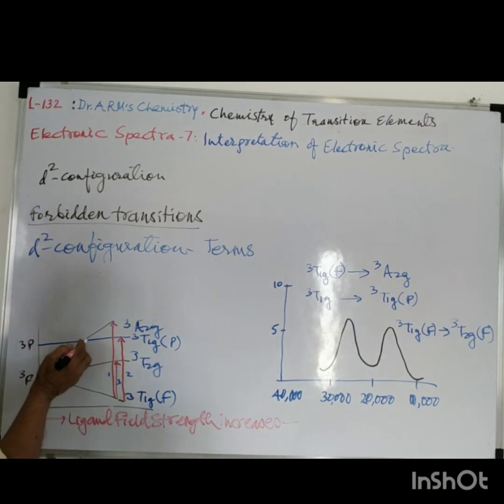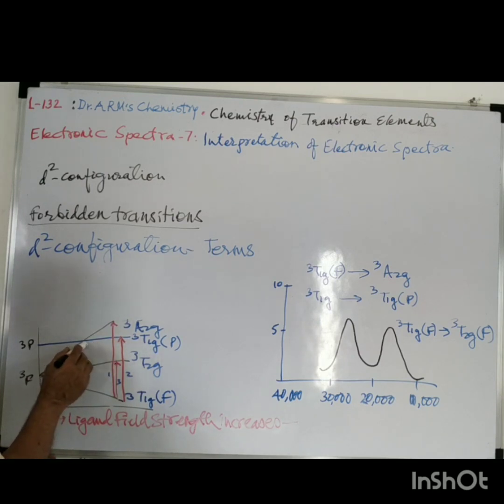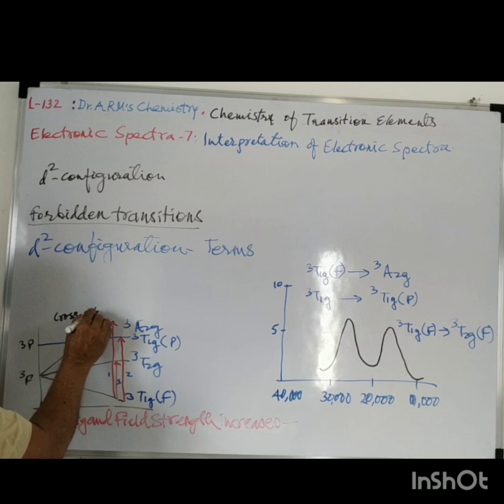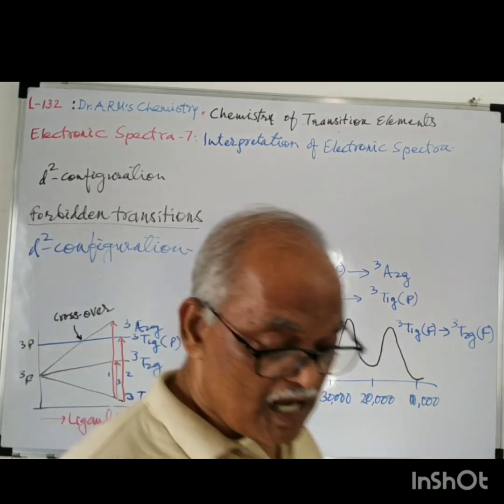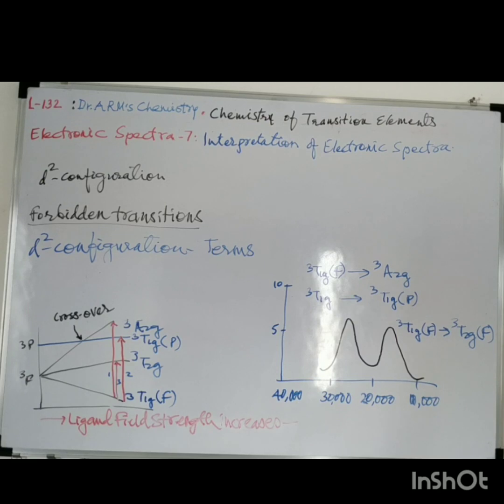So these two levels, that is triplet T1G and triplet A2G, are lying above this crossover of P. So these transitions are important and they are shown with this absorption band.